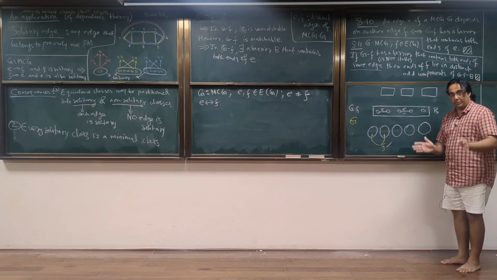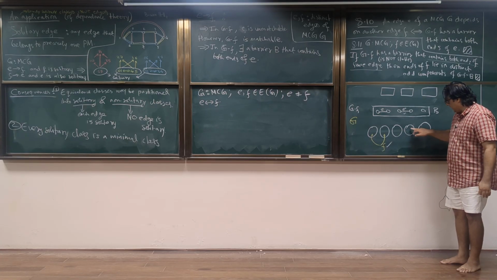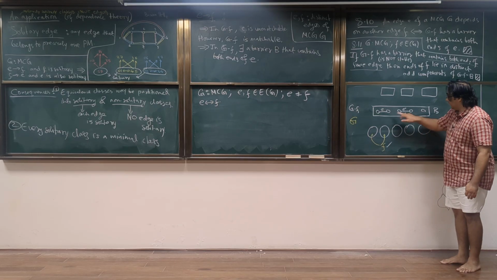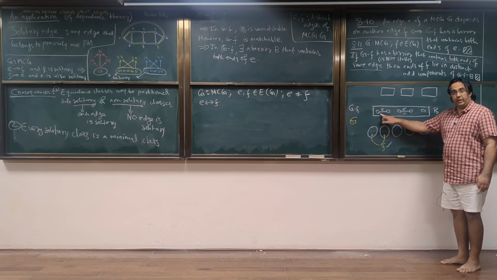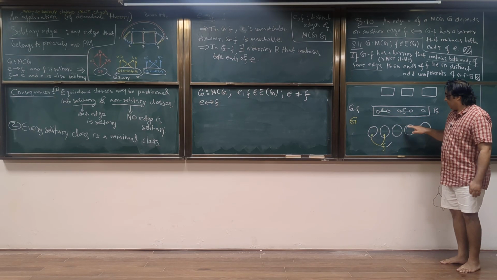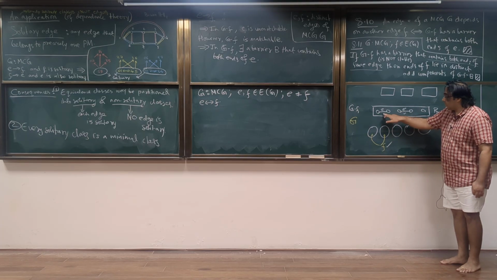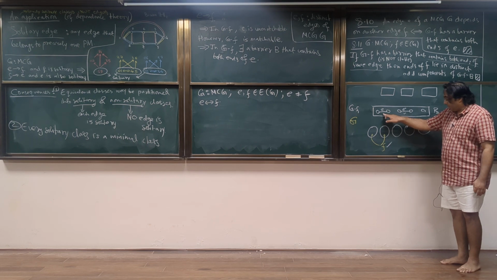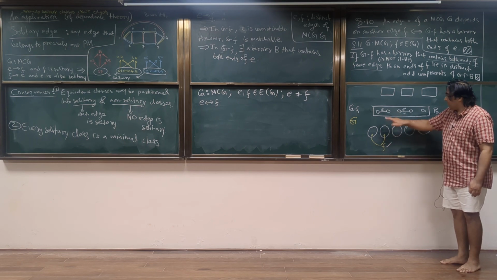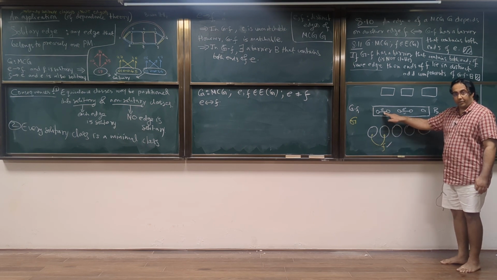Now I have 3 odd components and 3 vertices. 3 equals 3. I must match each of these odd components into one of the remaining vertices. That means E is not used. So I have a perfect matching containing F but not containing E. Contradiction, because E and F are mutually dependent.